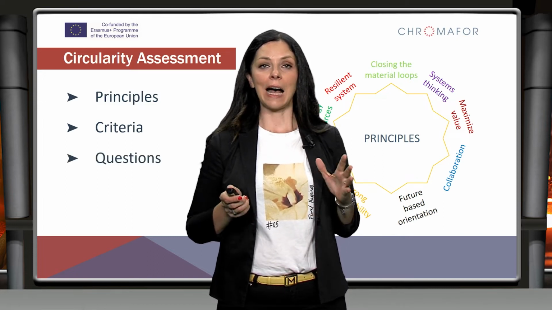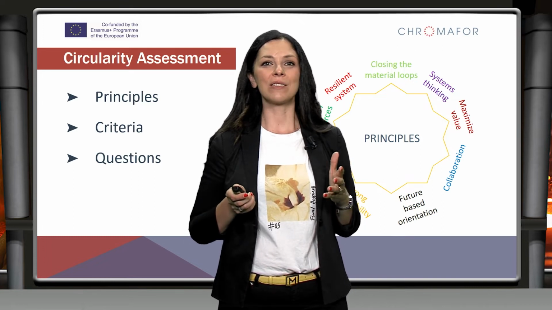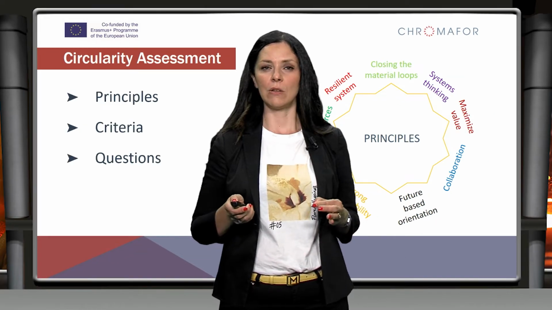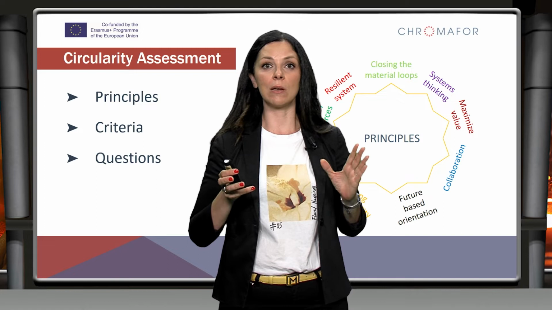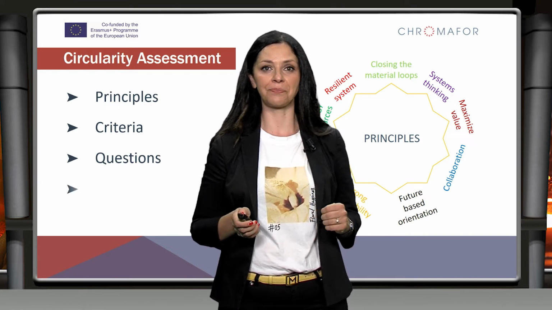Of course, after the identification of these criteria, it's important to answer some questions about the current state of the business process in order to understand the way in which the production process is in line with the environmental goals.